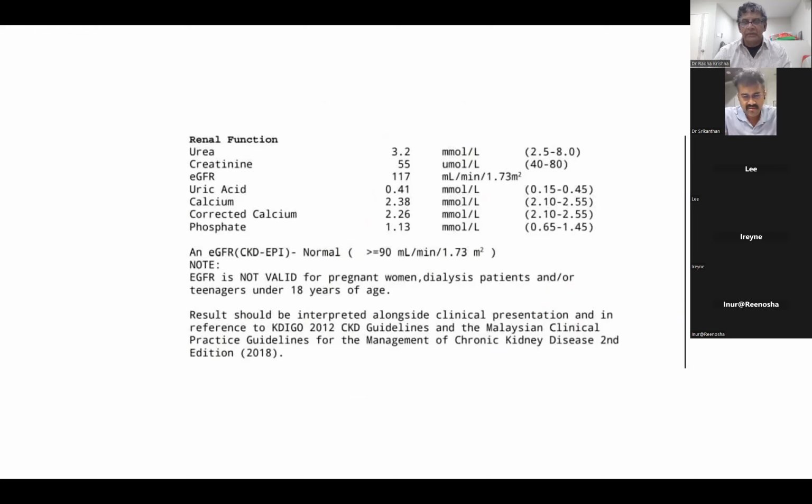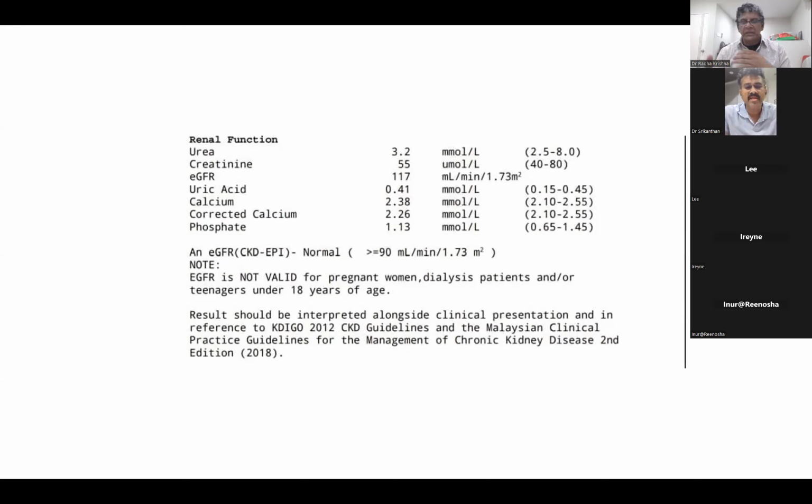You would have come across this. If you see this, it shows normal renal function. The creatinine is 55, the GFR is about 117, and the urea is about 3.2. So this is considered a normal blood test.